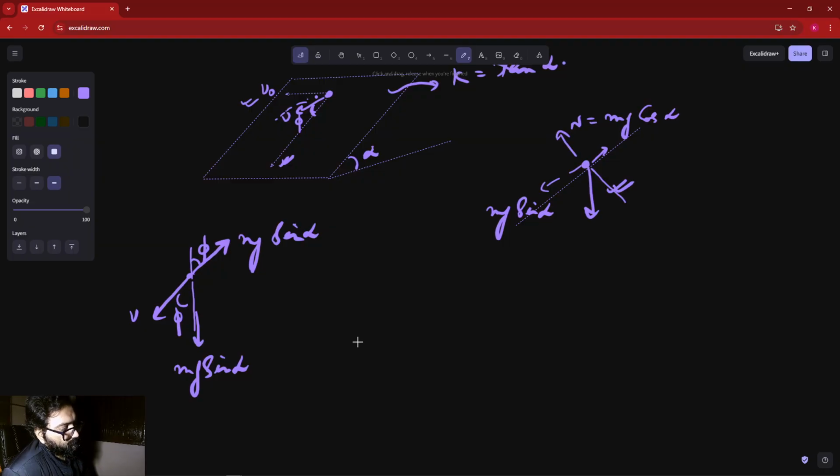Now this body is going to have two velocities, let's say, okay, and both those velocities are going to change under the influence of the forces acting in those directions, okay.